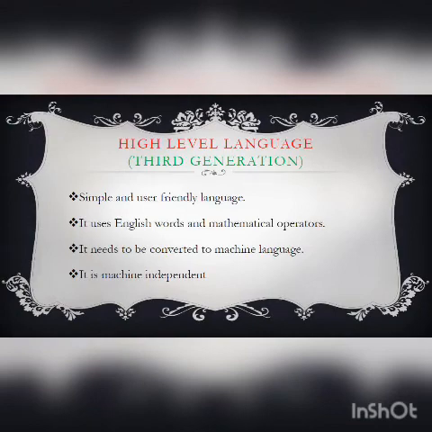Next, we'll go to the third generation language or high level language. In high level language, these languages are simple and user friendly. Here English words and mathematical operators are used. Then it needs to be converted to machine language.